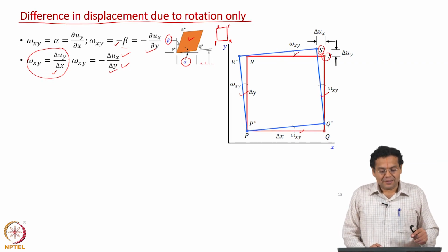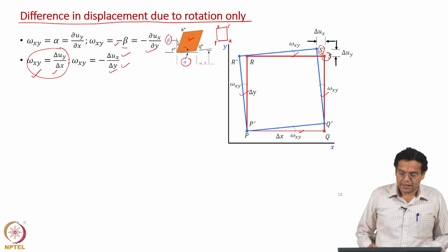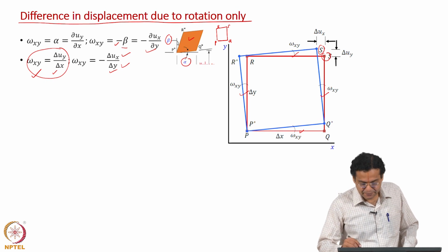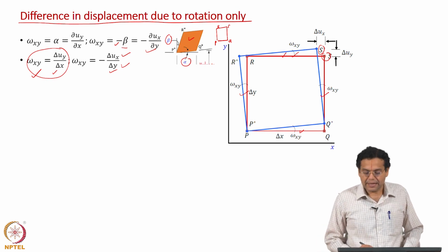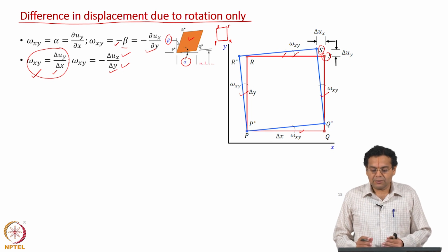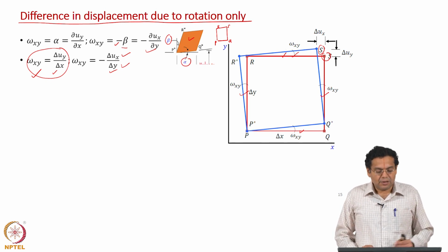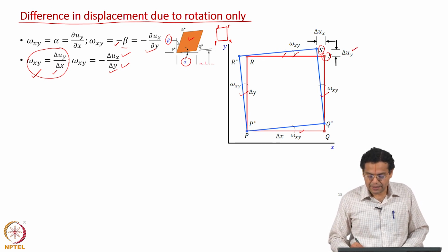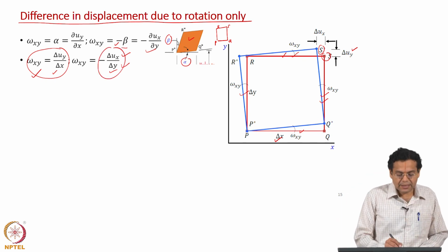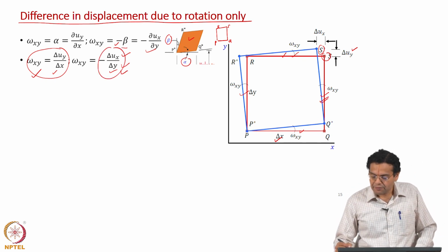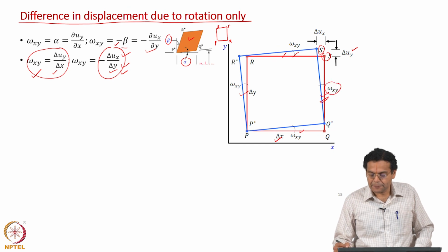Now, we will apply this first relationship for this triangle. As earlier, right now it does not look like a triangle. In the limit of omega xy very small, you can approximate that to a triangle. Now, from that triangle you can write omega xy is equal to delta uy by delta x.